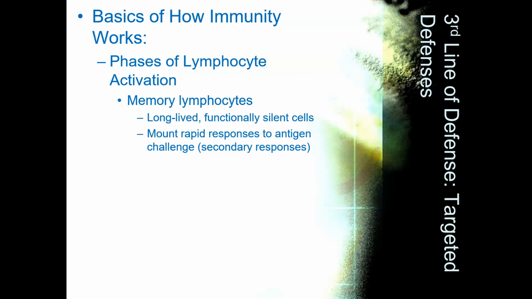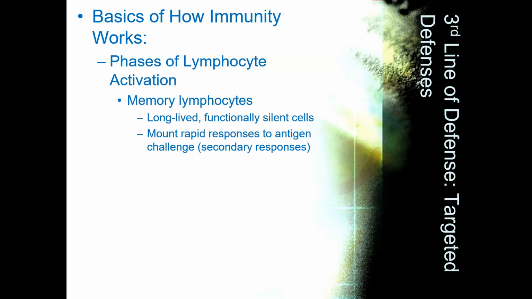All right, so on the back end, once your body has taken care of that infection, most of those effector cells will go through apoptosis and get destroyed. We're not going to carry around all of these crazy amounts of white blood cells all the time. That would be taxing on your body. So we destroy them. That being said, a subset of those will differentiate then into these memory lymphocytes, and you have memory B cells as well as memory T cells.